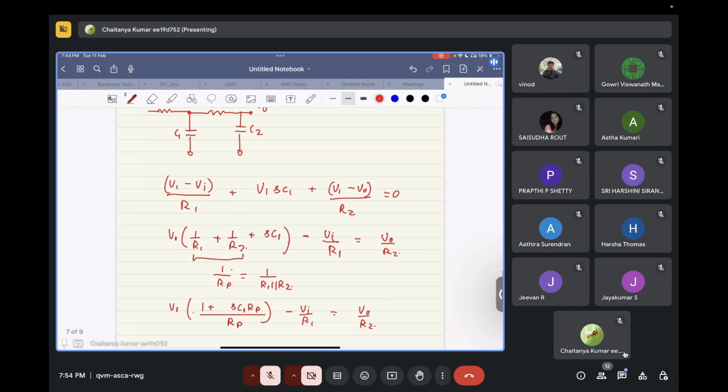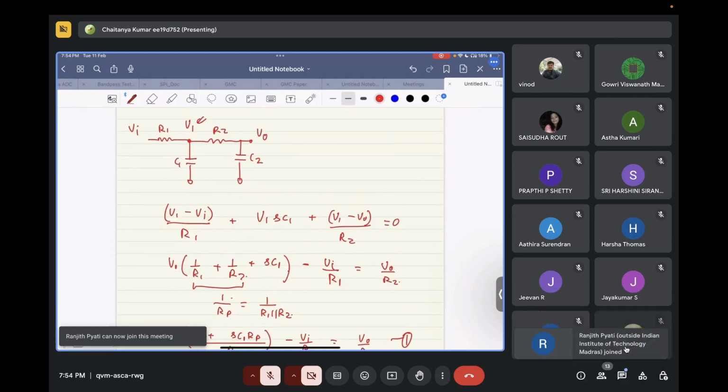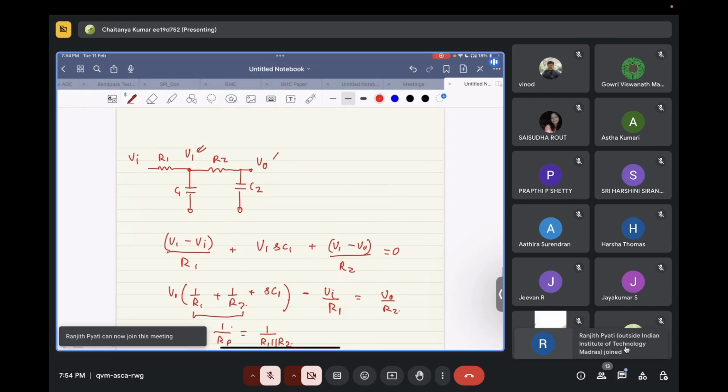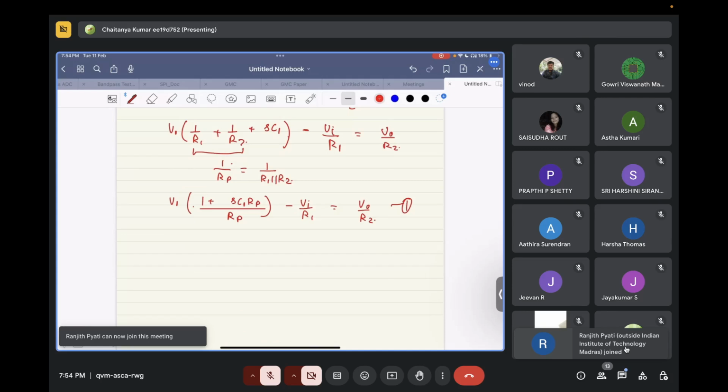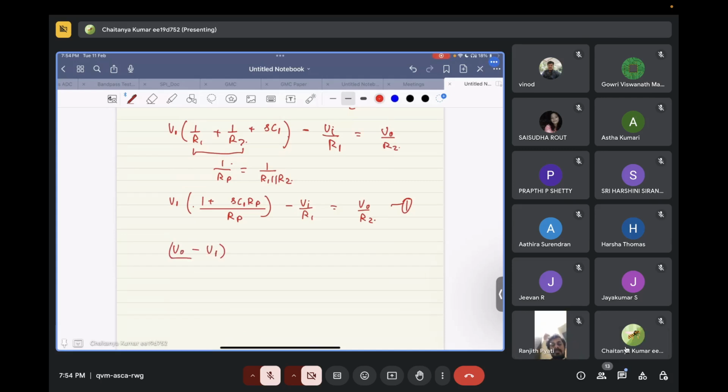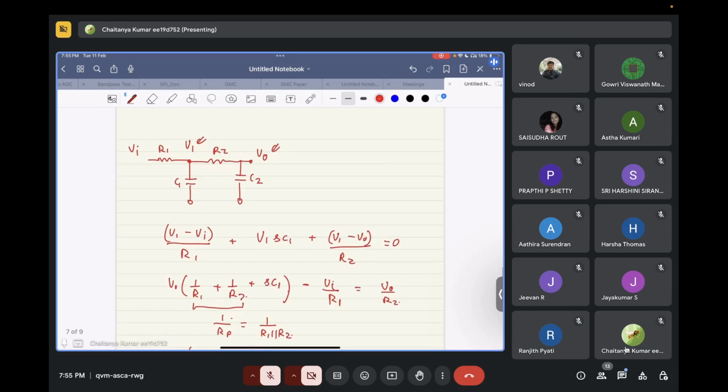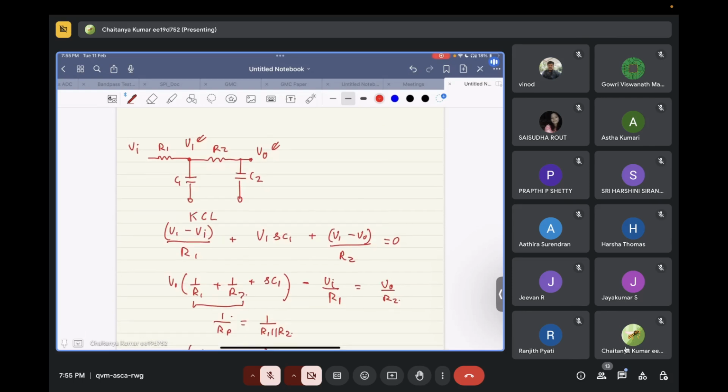Okay, so this is equation 1. So we will write KCL at the output node as well. So what we have, (V0 minus V1) by R2 plus V0 times sC2 is equal to 0. This is KCL at V0, and the previous one is KCL at Vi.